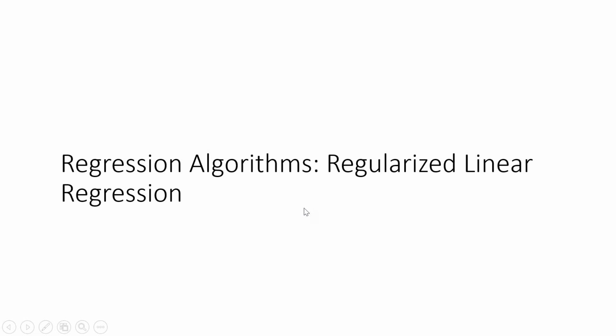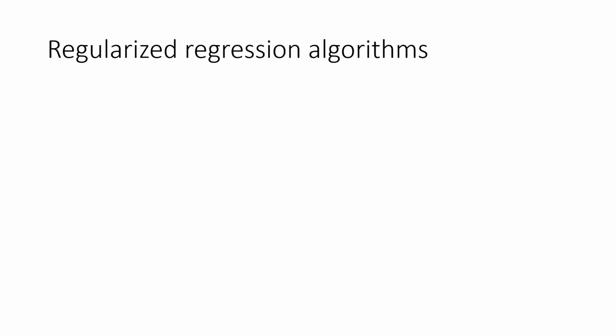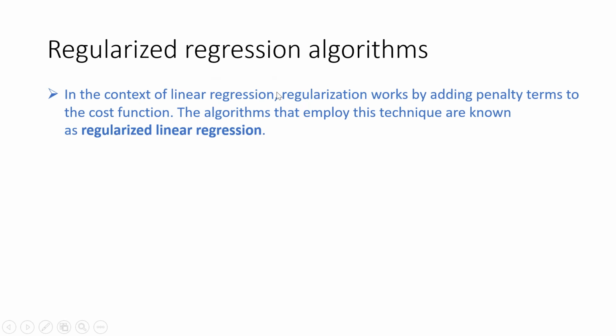So, regularized regression. Now let us come to algorithms. Based on these principles of L1 and L2, there are 3 regularized regression algorithms. In the context of linear regression, regularization works by adding penalty terms to the cost function. The algorithms that employ this technique are known as regularized linear regression. When we come to classification, we will use another type of regression algorithm called logistic regression.